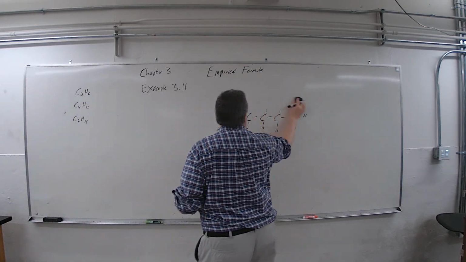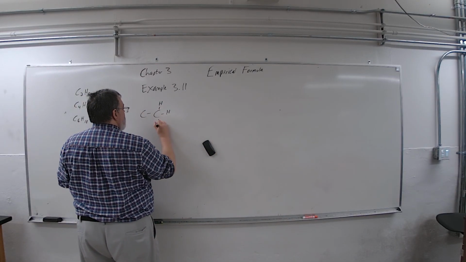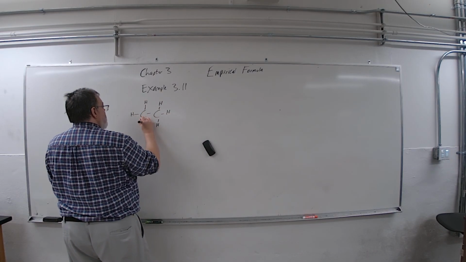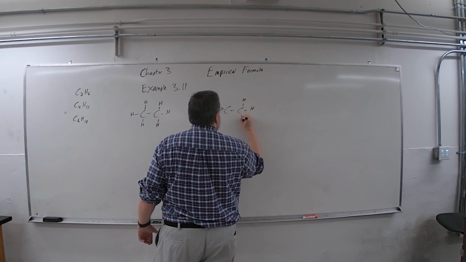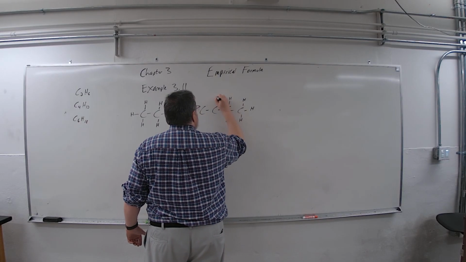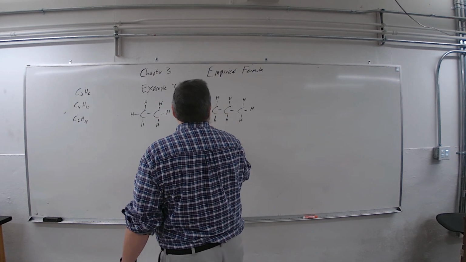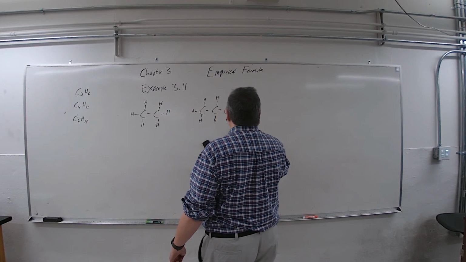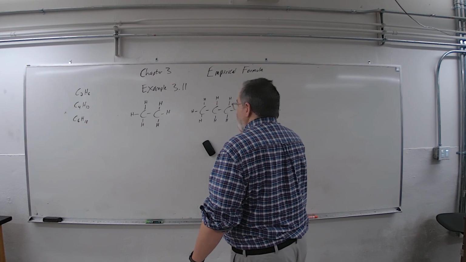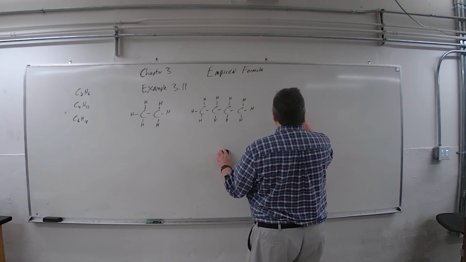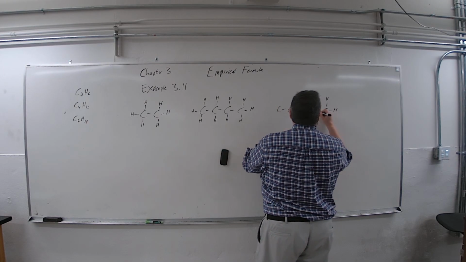As a guide. It's 4 and 6, 7, 8, 9, 10, 12. That's 12. Good. I'm struggling with that.